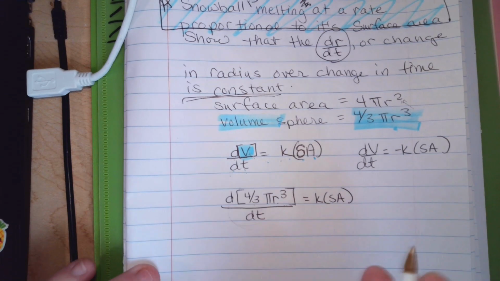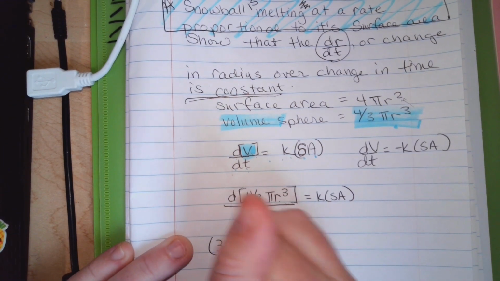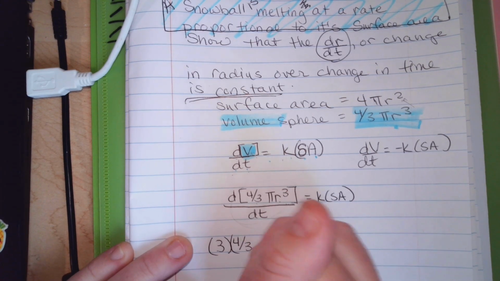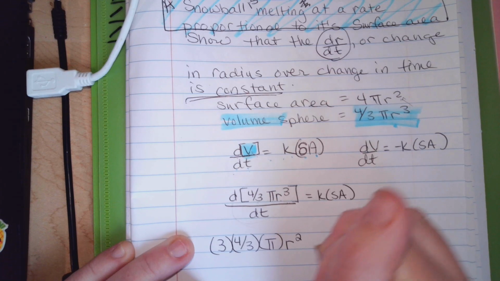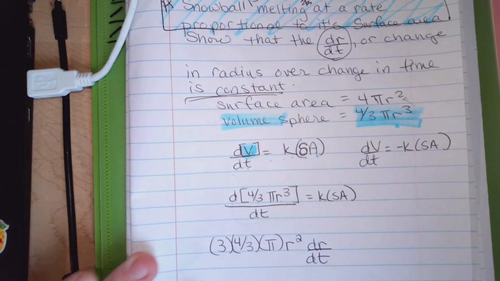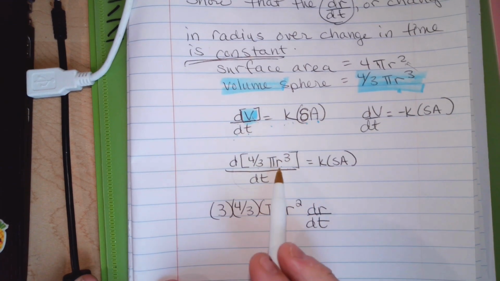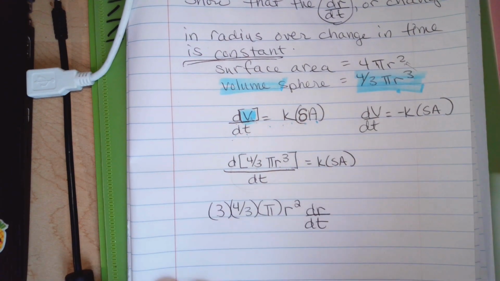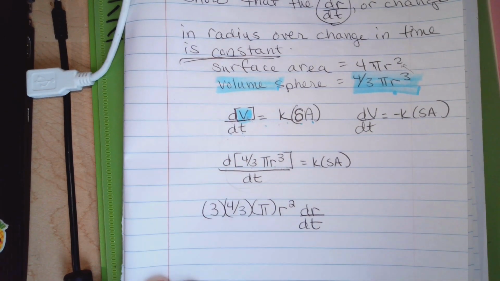So this becomes 3 times 4/3 times pi r squared times the change in r over the change in time, acknowledging that as this snowball melts, the radius is also changing.